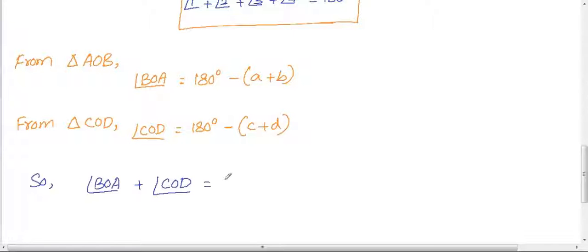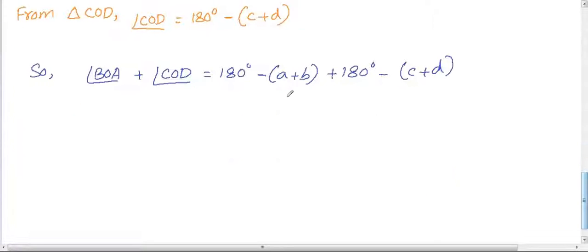So angle BOA plus angle COD becomes 180 minus (A plus B) plus 180 minus (C plus D). So that becomes 360 minus (A plus B plus C plus D).